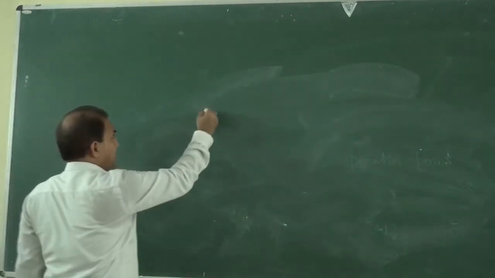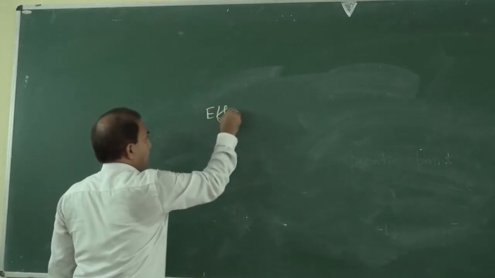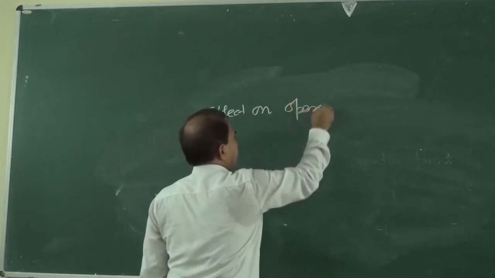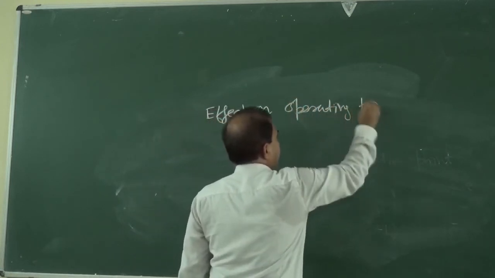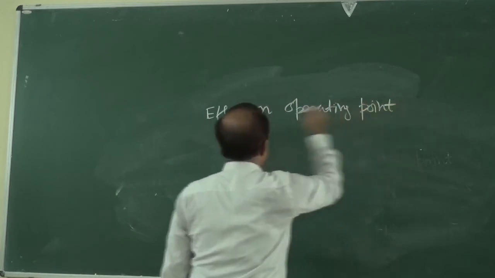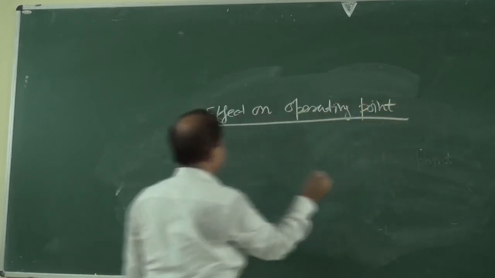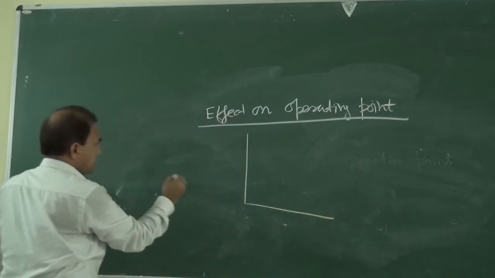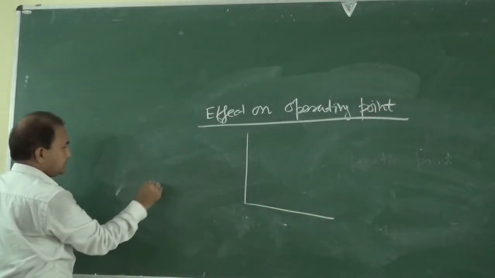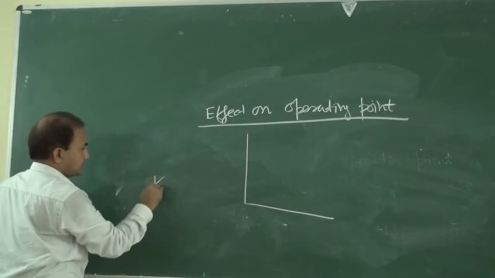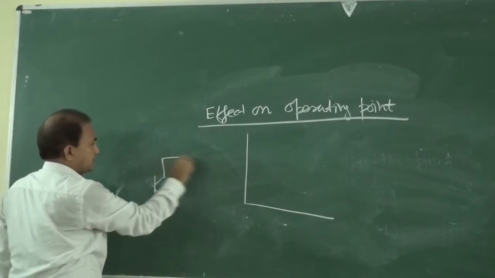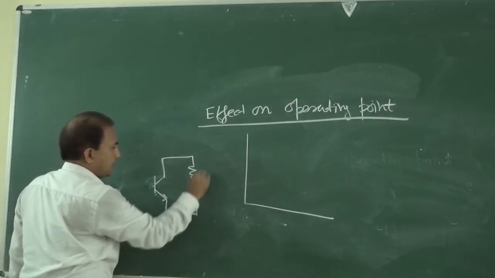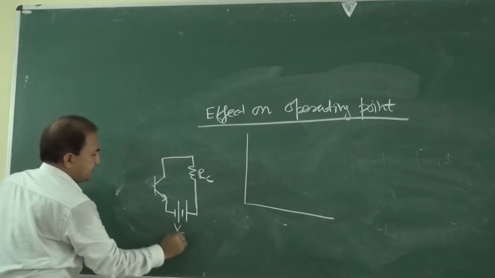Now we will see the effect on the operating point. Suppose the circuit is like this. This is RC, this is VCC.